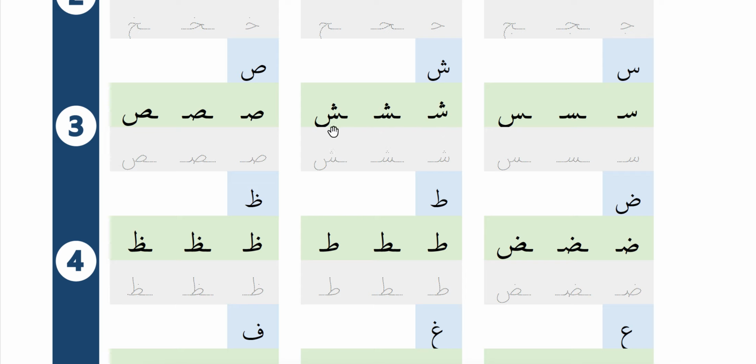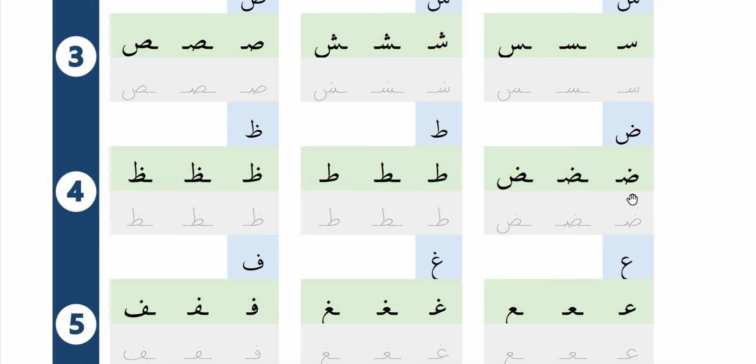Sad, dad, ta, and za, they are four sisters. We only take the head of each, so just notice the shape of every one. Sad, sad, sad.